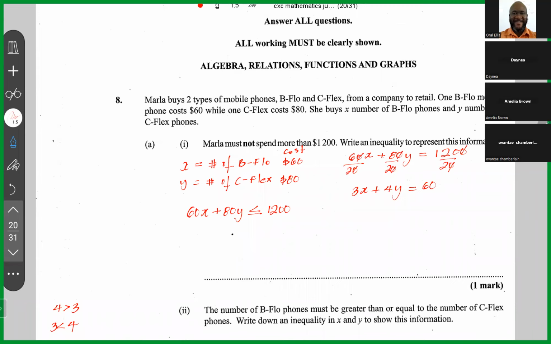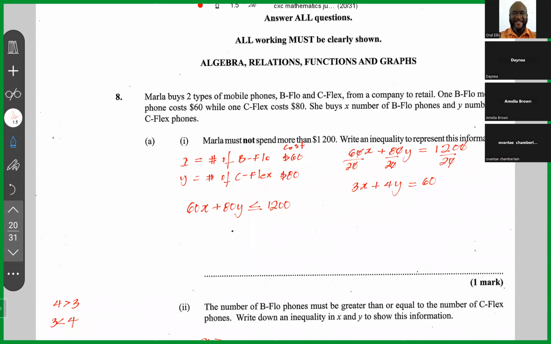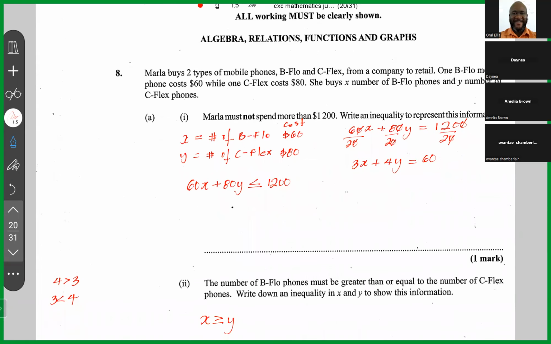So I need points. If I'm going to draw a straight line, I need coordinates. I might say when x is equal to, let us say, 20, I'm going to have 3 times 20 plus 4y is equal to 60.